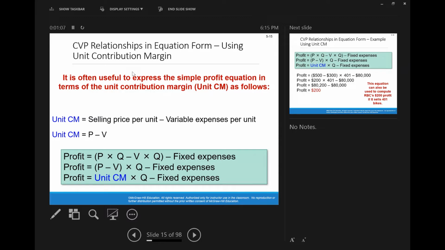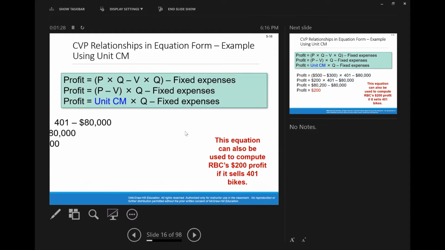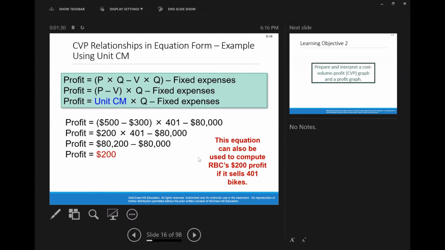P times Q, that's the price that we're selling times the quantity, minus the variable expense times the quantity, that's the contribution margin. So at the bottom, it says here's your unit contribution margin, minus the fixed expenses. Okay, and there's the calculation again.